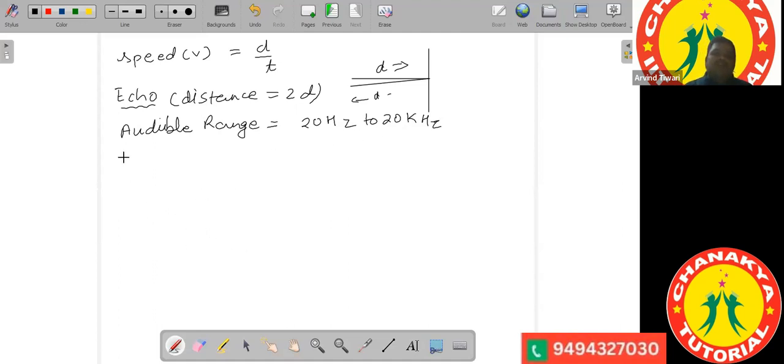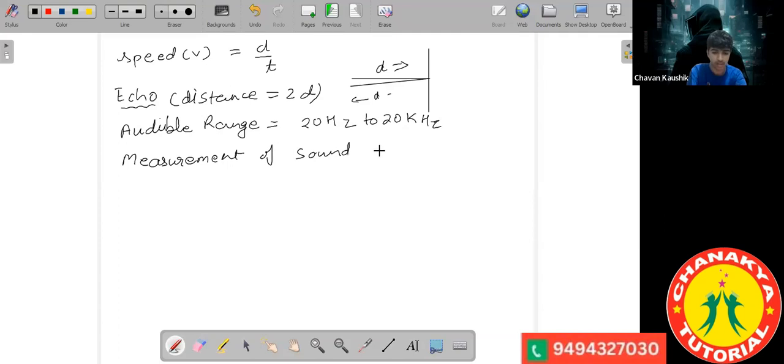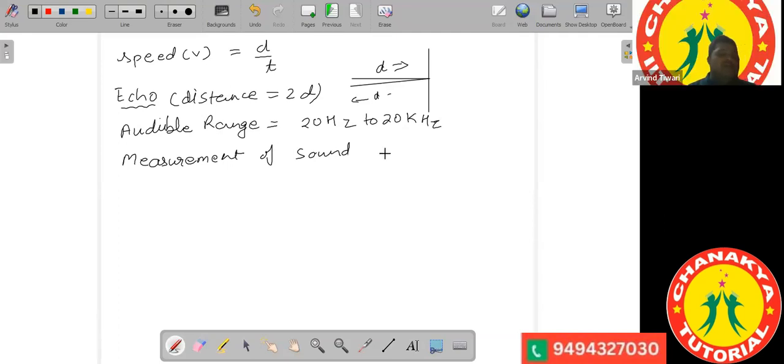Now, measurement of the sound energy. How do we measure the sound energy? See, sound energy is measured in terms of decibels.